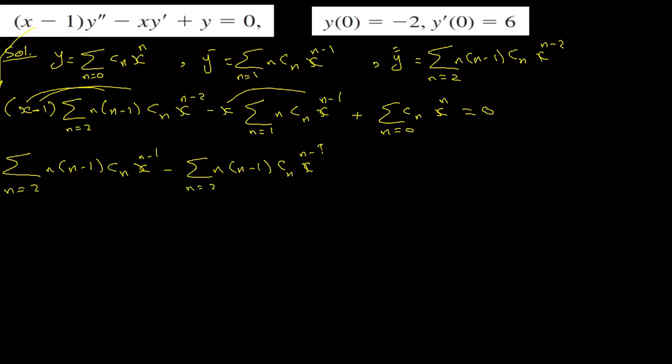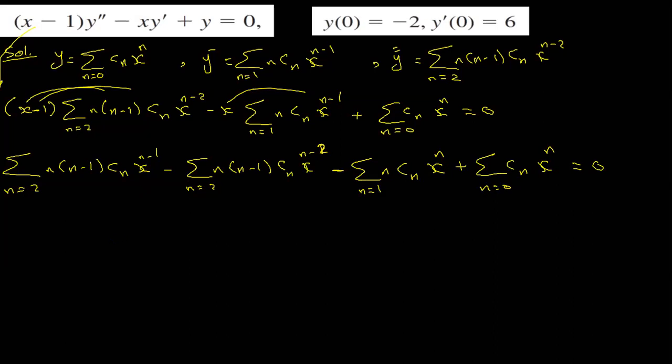No, it must be here negative 2. So for the first one, x times this will be x to the power n minus 1, but here, no x, so only 1, so it must be x to the power n minus 2. Minus, now multiply this x, so it will be the summation of n c_n x to the power n, starting from 1, plus the summation of c_n x to the power n, from n equal 0.